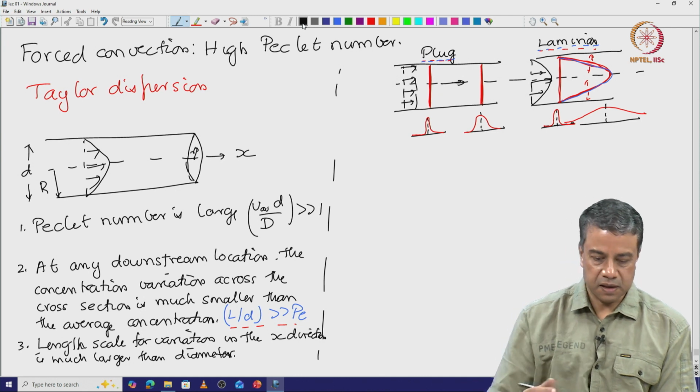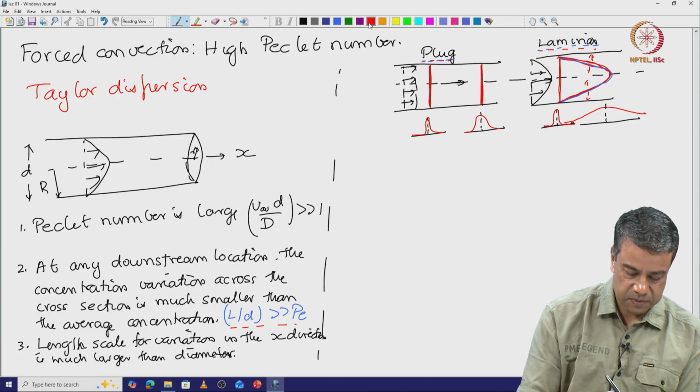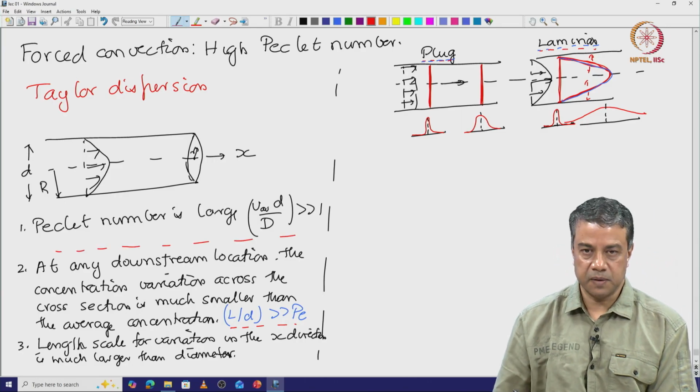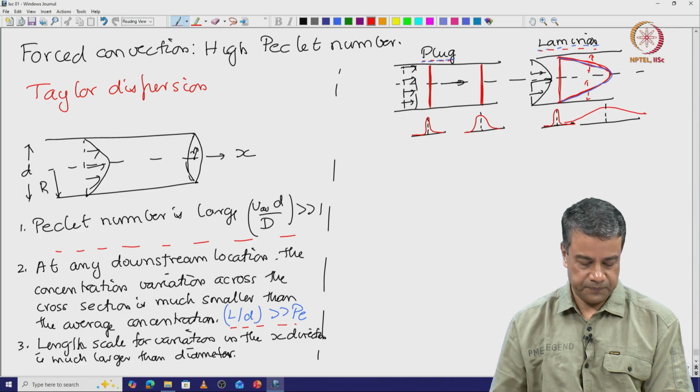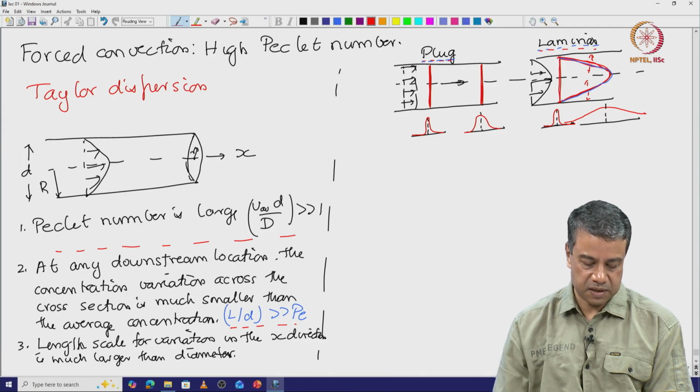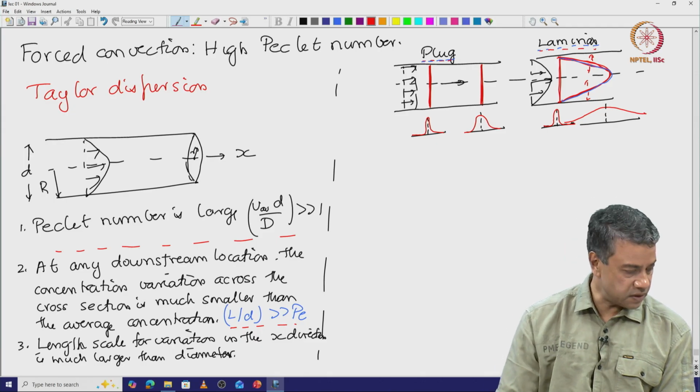And we looked at it under different approximations. The first one is that the Peclet number is large based upon the pipe diameter and the average velocity. At any downstream location, the concentration variation across the cross section is much smaller than the average concentration.